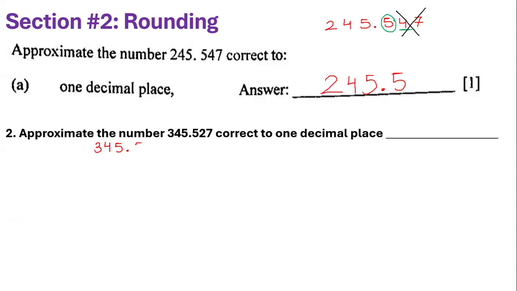Which number are we going to circle? The 5. The 5 behind the point, and underline 2. Very good. We circle this 5, and we underline what? The 2. Is 2 less than 5 or greater than 5? Less than 5. So what does that mean? That means we round up or we round down? Round down. Leave it.